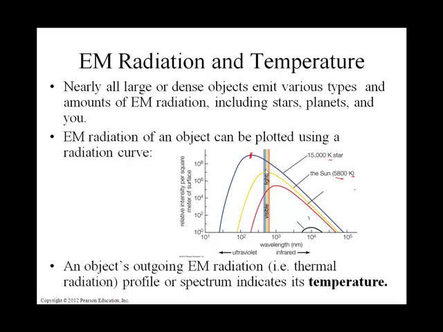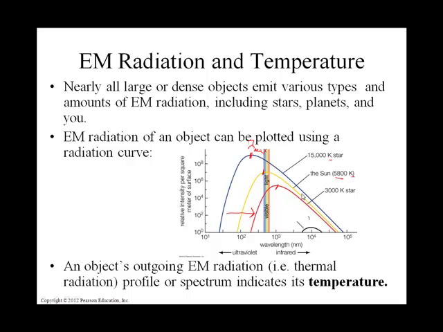Its lambda max, by the way, would be about here. Then we move on to an even cooler star, a star that is only 3,000 Kelvin. And can you see that as we're getting cooler and cooler objects, the lambda max, the wavelength that they peak out at, shifts over to longer and longer wavelengths.